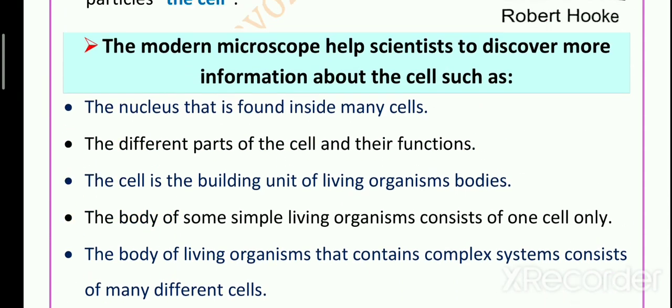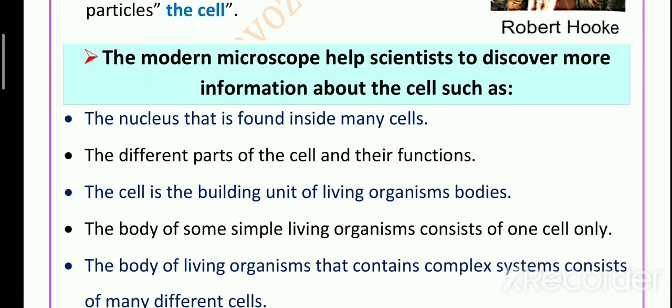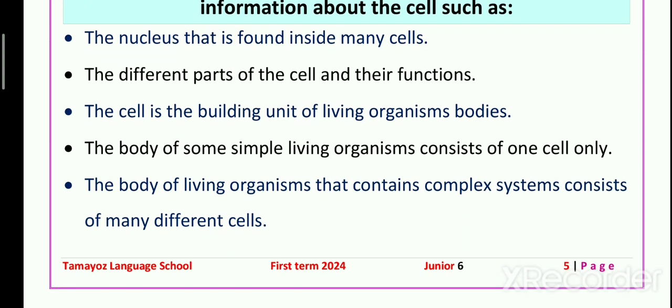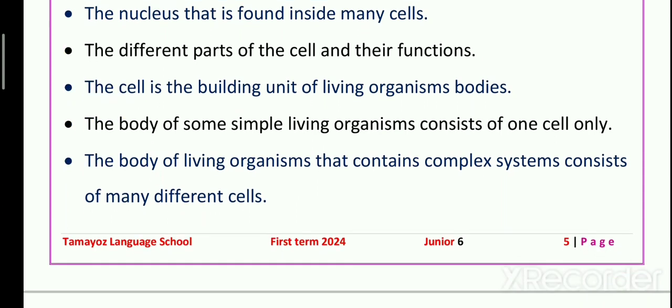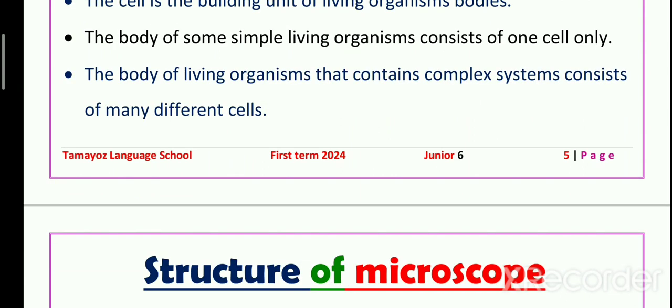So the modern microscope helps scientists to discover more information: the nucleus found inside many cells, the different parts of the cell and their functions, and that the cell is the building unit of living organisms' bodies. The body of simple living organisms consists of one cell only, and the body of complex living organisms consists of many different cells.